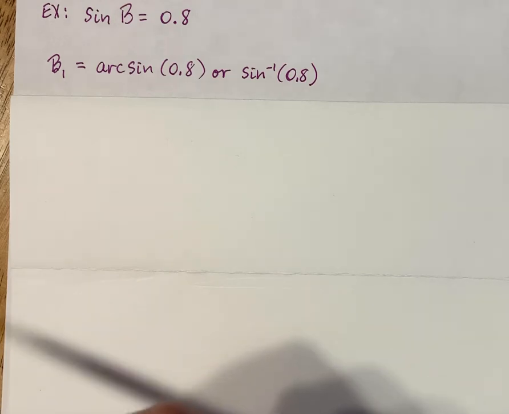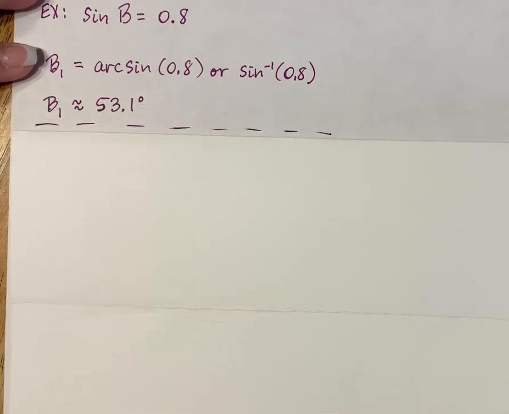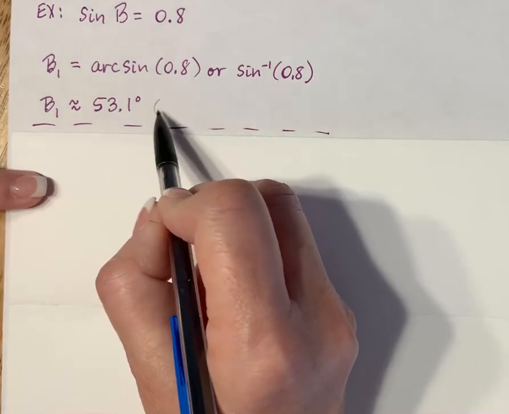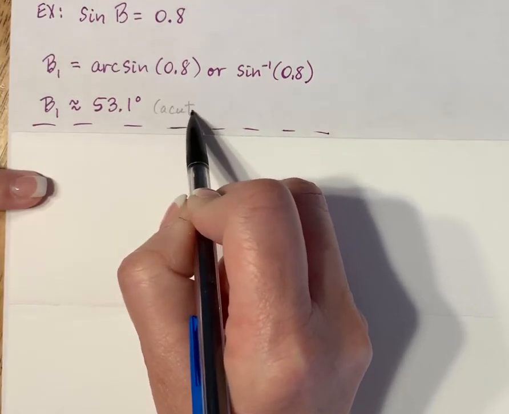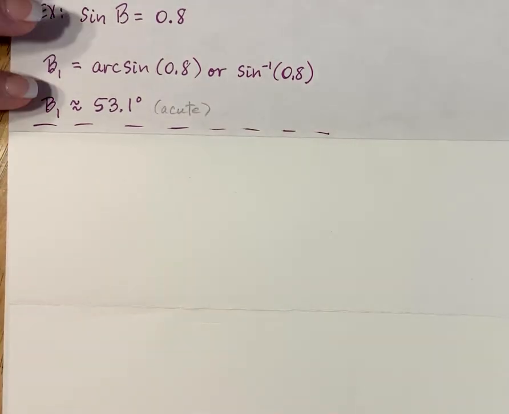Remember, you use inverse trig functions when you're looking for the angle. Do make sure that you're in degrees on your calculator. You'll come up with angle B is approximately 53.1 degrees, and that is acute. The calculator will always give you the acute possibility.